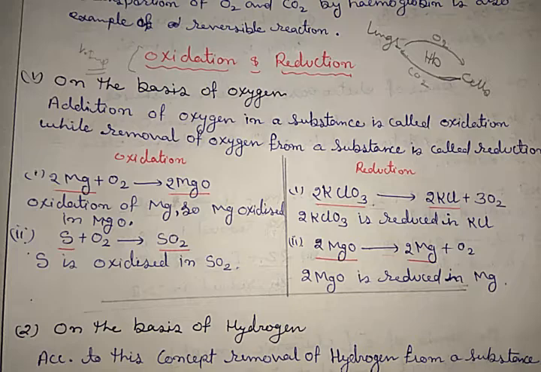If someone takes oxygen, then it is sure that some other releases the oxygen. If someone gains, then some other releases or loses. That means if one is oxidized, then the other is reduced.